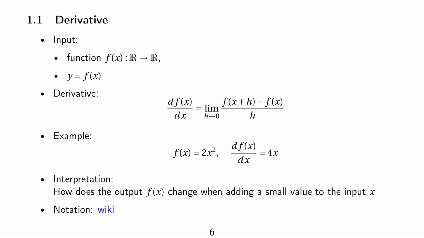And what the derivative in fact asks is, how does y change? How does y react to a very small, infinitely small change in x? So if we change x by a very tiny bit epsilon, either in the positive or negative direction, how is y affected?